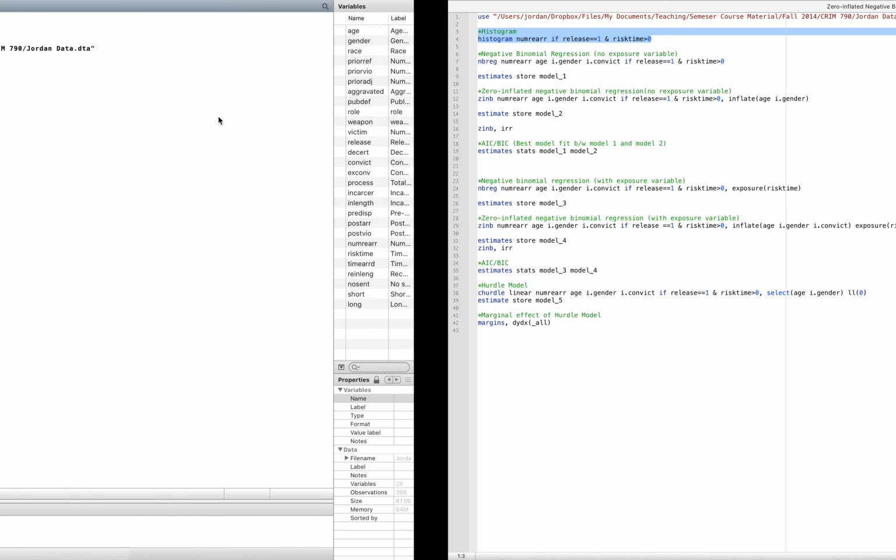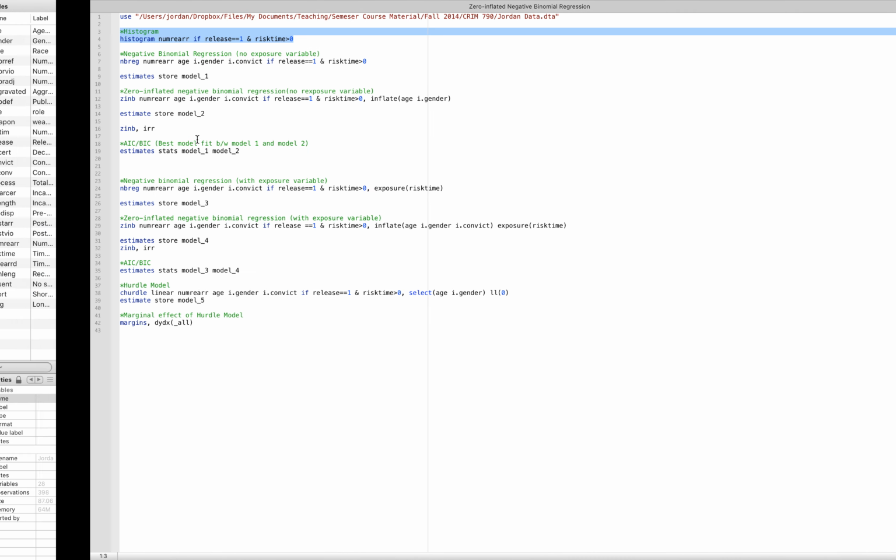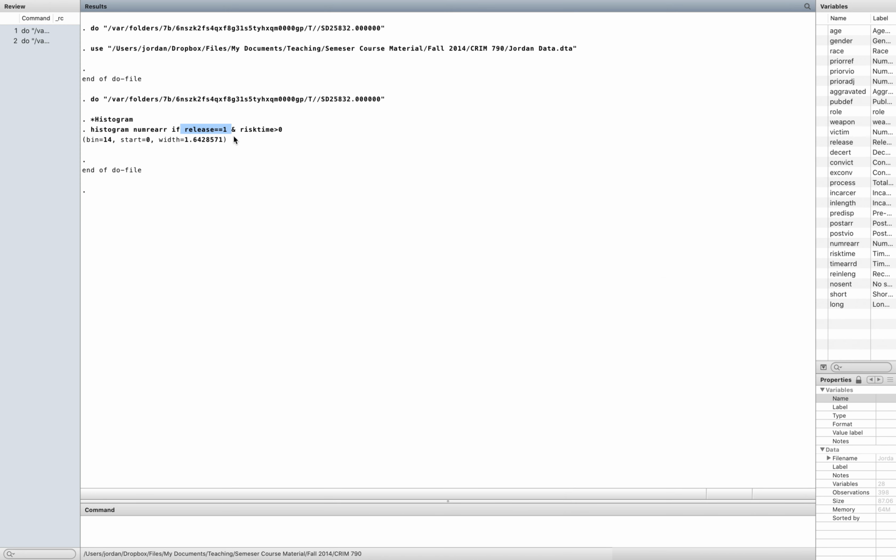If you look at the histogram, you'll see a large number of zeros here. A lot of people were rearrested 0 times. Assuming that this release equals 1 wasn't there, just follow me on this one.